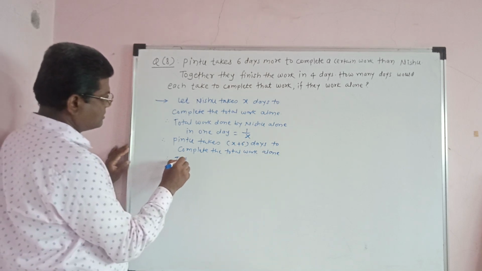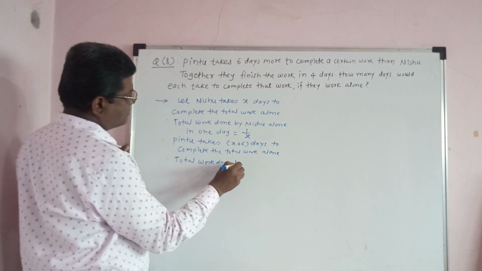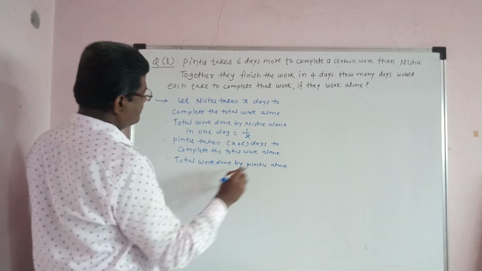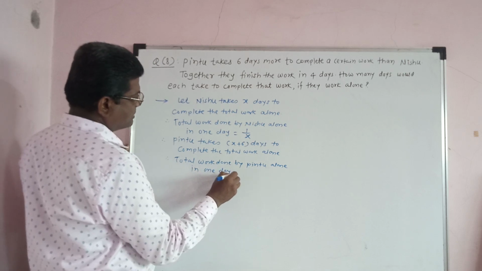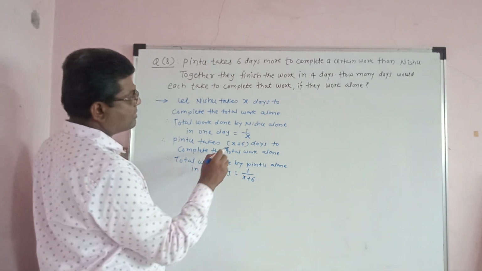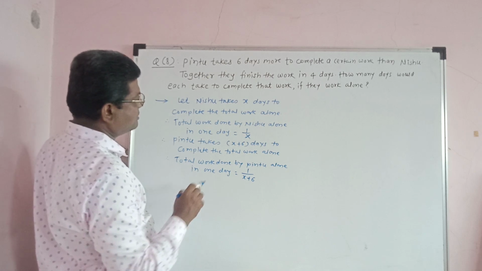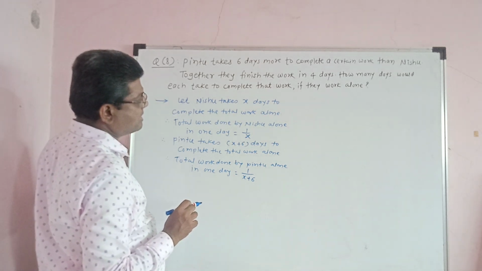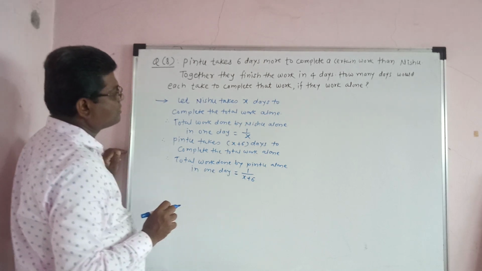Therefore, total work done by Pinto alone in one day is equal to 1 upon x plus 6. Here the number of days required to complete the total work for Pinto is x plus 6, and reciprocal of that days is nothing but total work done by Pinto in one day.